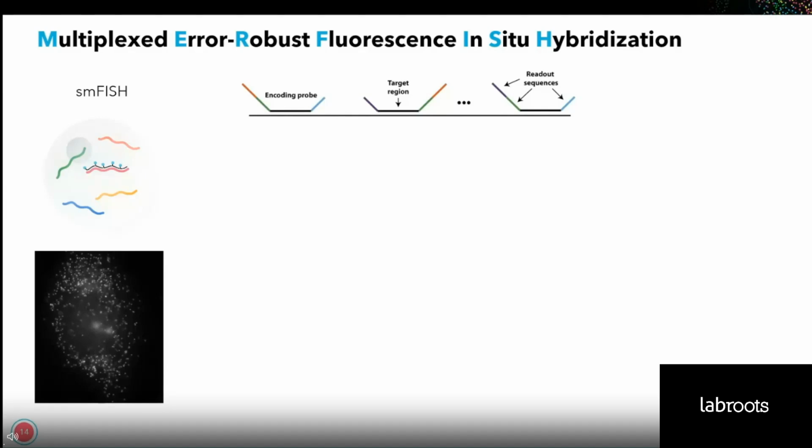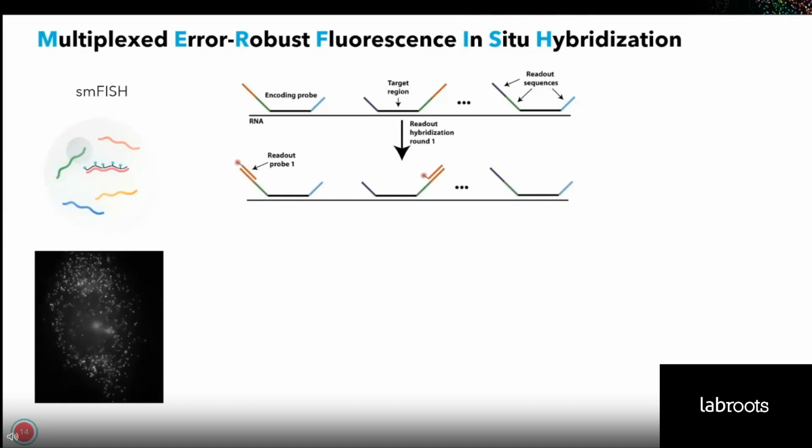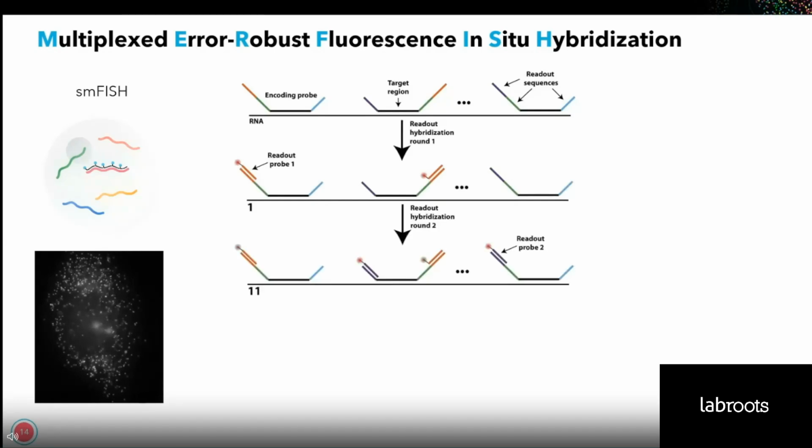Then, in different imaging rounds, different readout probes with a certain fluorescent signal bind to the encoding probes, and images are taken by microscope. In a certain imaging round, 0 means no fluorescent signal, while 1 means a positive signal was detected.